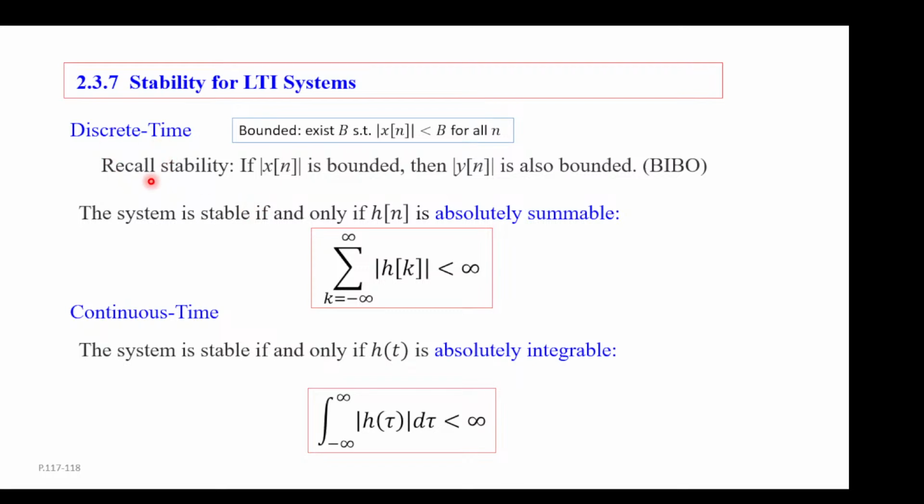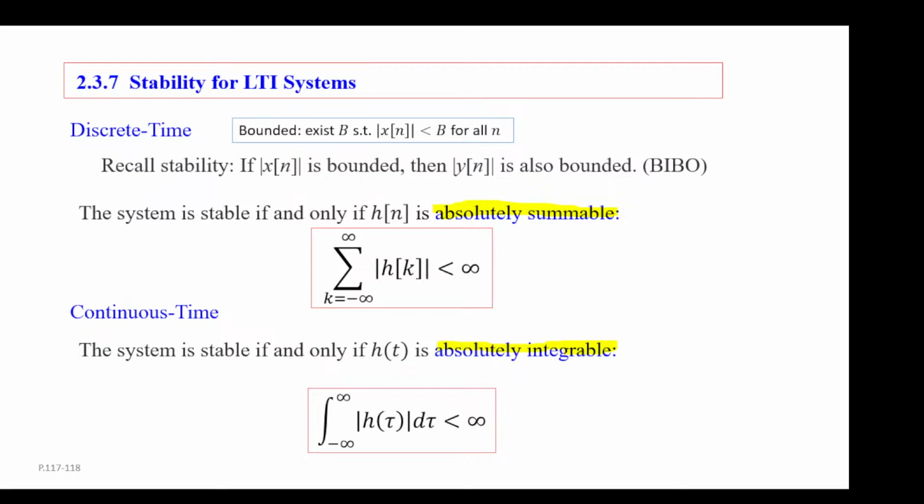To describe whether your system is stable from the impulse response h, you check whether your h is absolutely summable. That means you sum the absolute value of h from minus infinity to infinity and see whether that's a finite value. If it is, then your h is absolutely summable, and your system is stable.